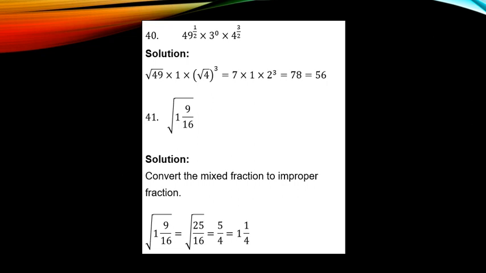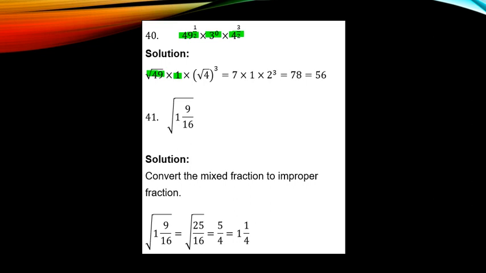Example 40. We have this expression: 49 power of half, times 3 power of 0, times 4 power of 3 over 2. 49 power half means root, so you have root of 49. From the zero index, 3 power 0 is 1.